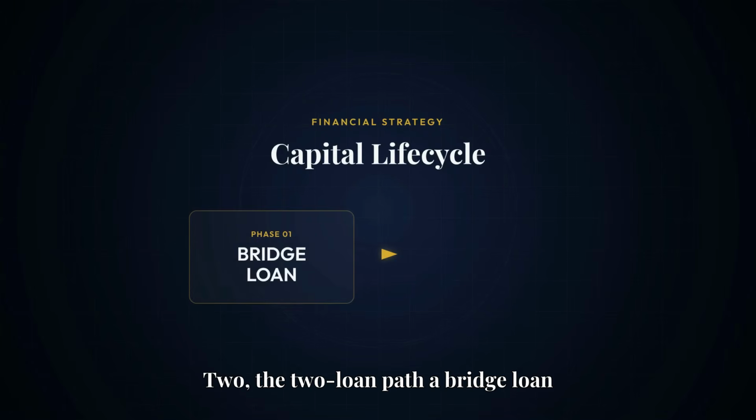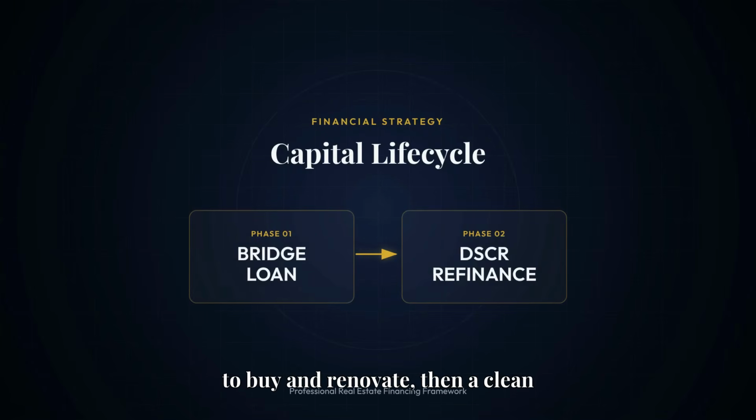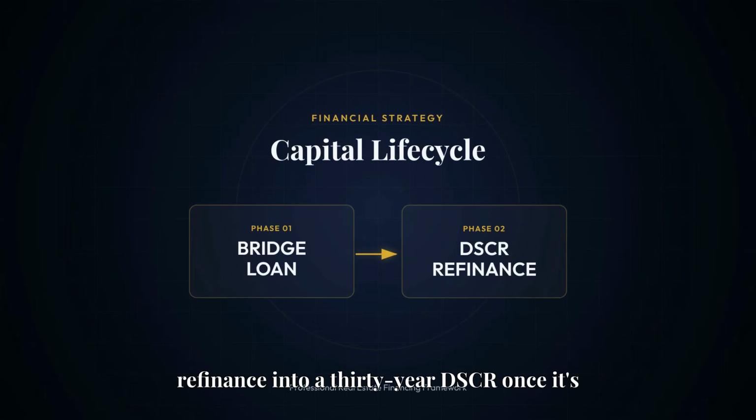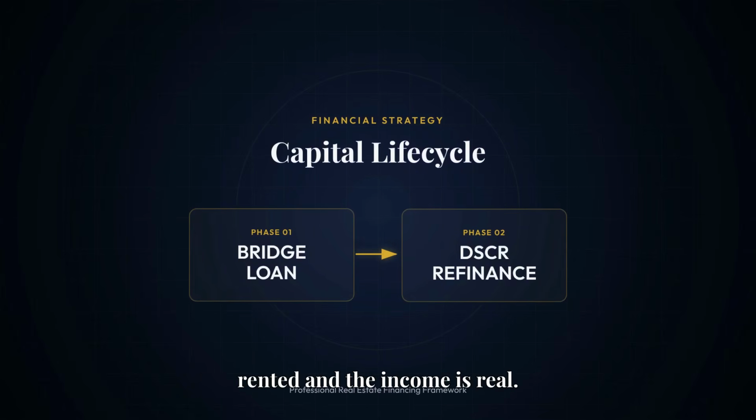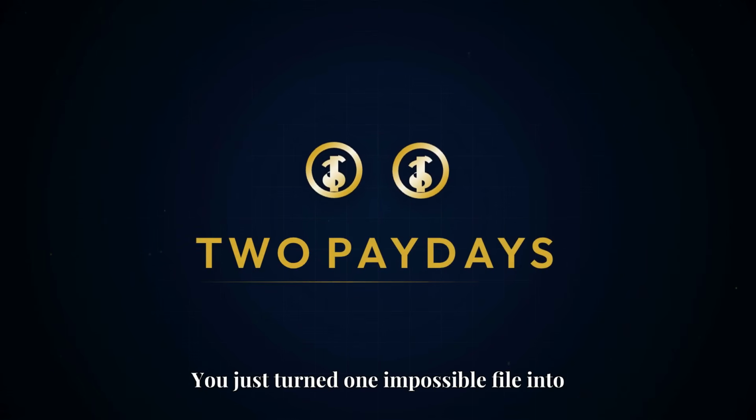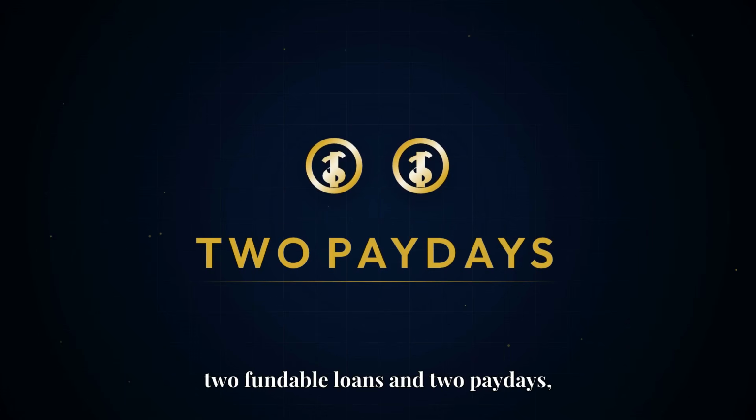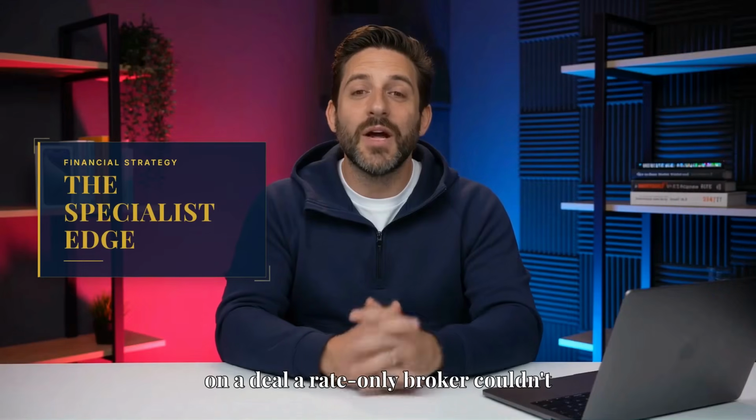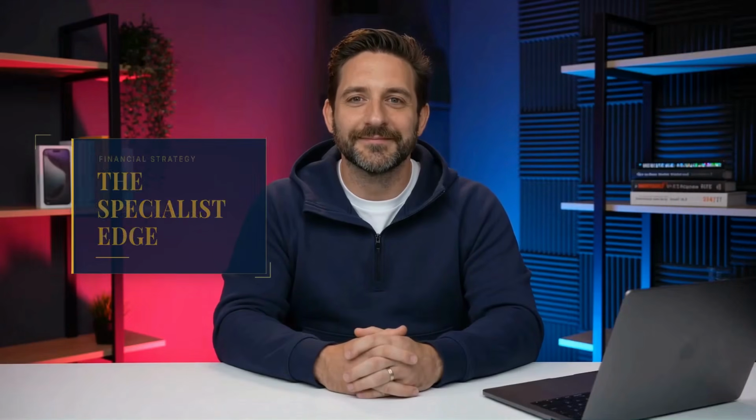The 2-loan path. A bridge loan to buy and renovate, then a clean refinance into a 30-year DSCR once it's rented and the income is real. Bridge in, DSCR out. You just turned one impossible file into 2 fundable loans and 2 paydays on a deal a rate-only broker couldn't touch.